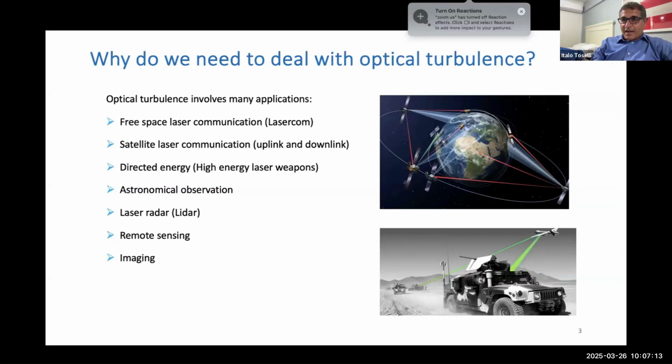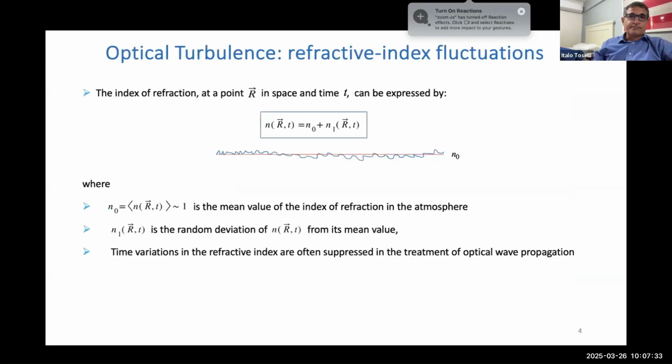When we look at a star, we have the problem that the star twinkles or blurs, because we have atmospheric turbulence. Applications like laser radar, remote sensing, imaging. So as you can see, this is a topic of big interest in the field because it involves many applications.